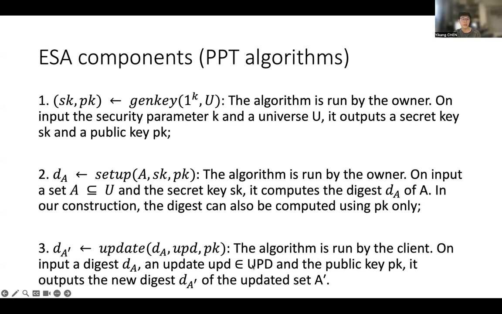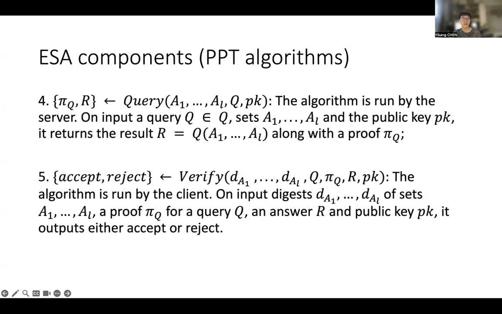The third algorithm is run by the client. On input a digest DA, an update, and the public key PK, it outputs the new digest DA' of the updated set A'. The next is the query, which is run by the server.